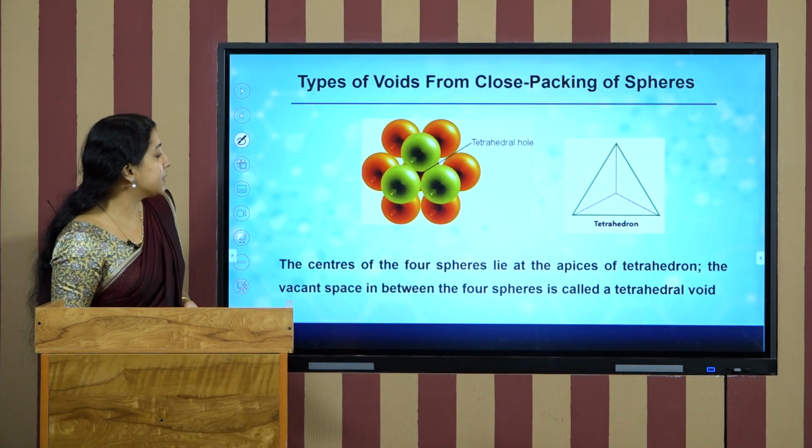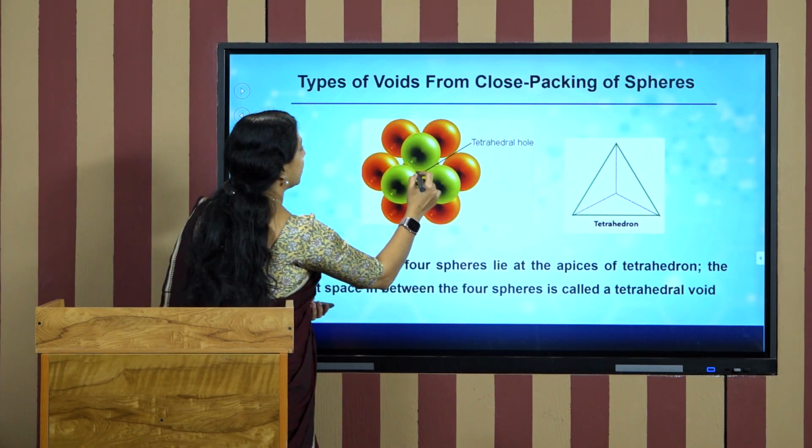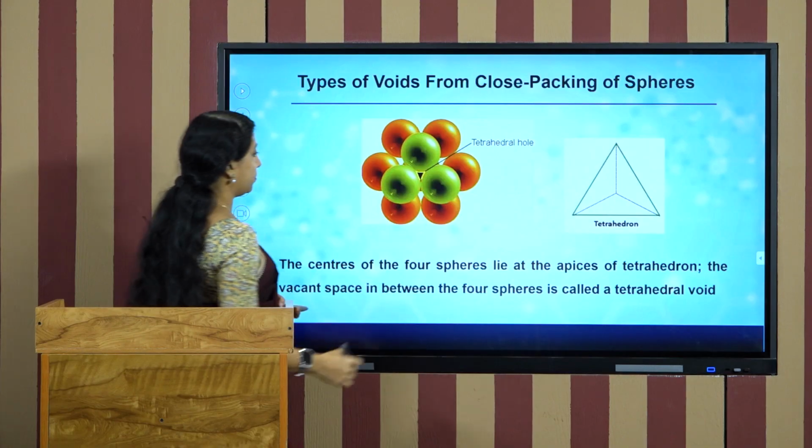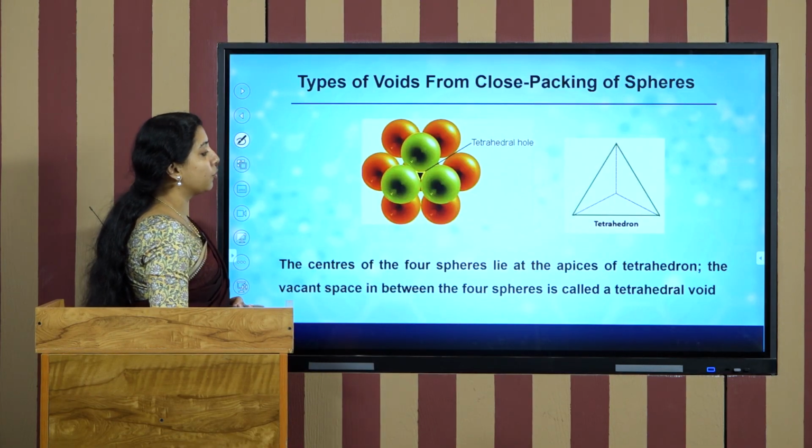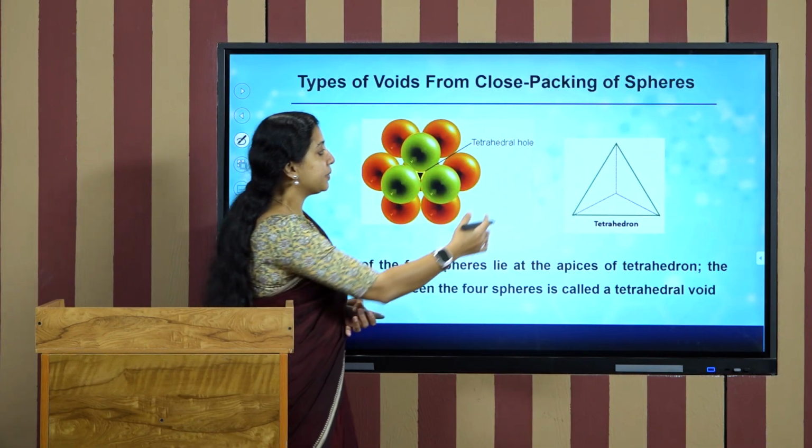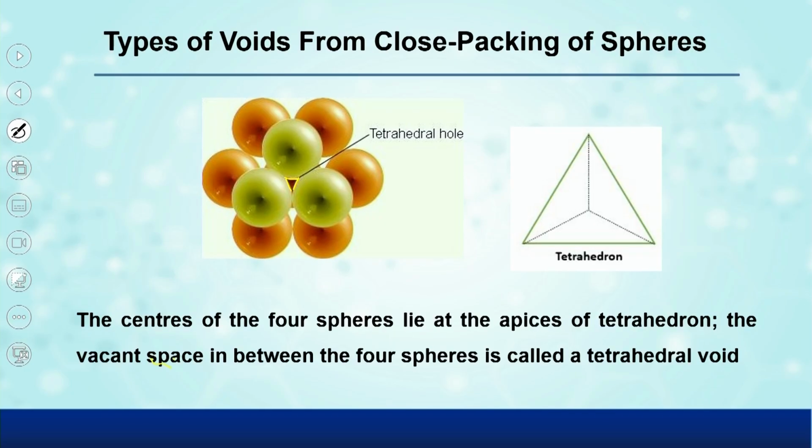On the screen you can see the tetrahedral hole. The centers of the 4 spheres lie at the apices of a tetrahedron, and that is why it is called a tetrahedral void.